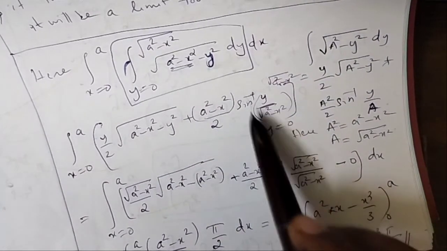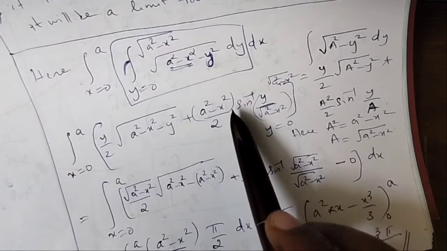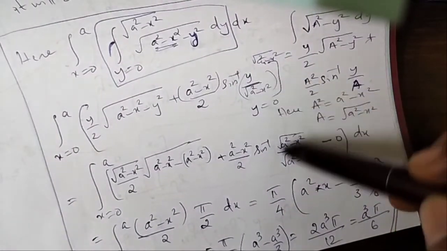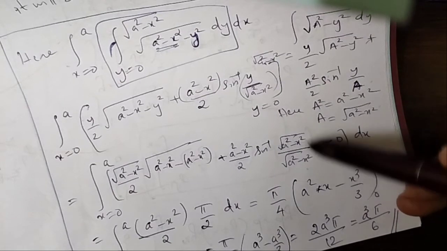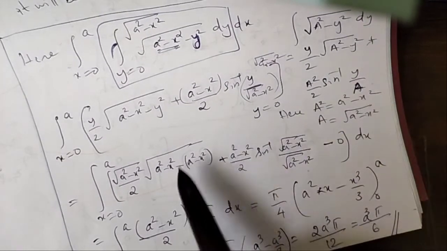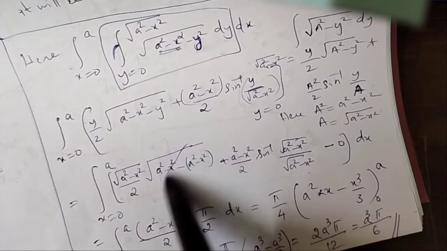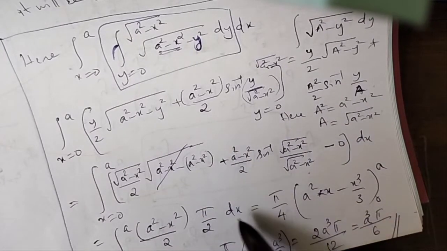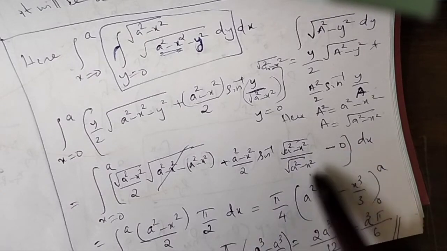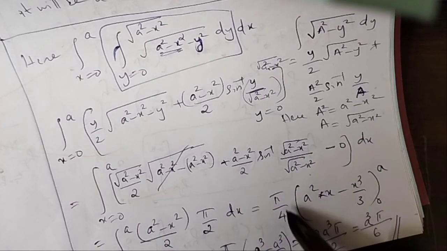So the only term remaining is a square minus x square by 2 into sine inverse of root of a square minus x square by root of a square minus x square. Numerator and denominator are the same, so it is 1. The lower limit term is 0. So it is a square minus x square by 2 into sine inverse 1. Sine inverse 1 is pi by 2, sine inverse 0 is 0, so it is pi by 2.